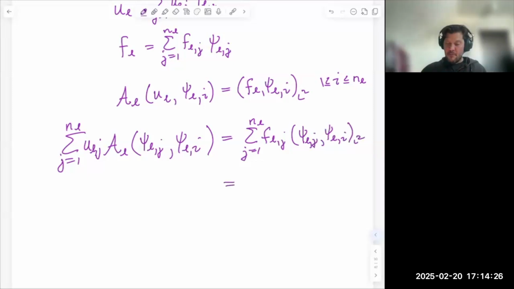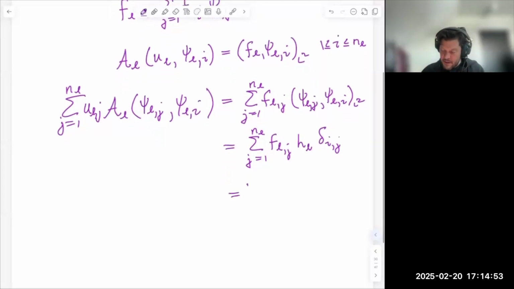Now, what did we say was the result of this calculation? We've already done this one. This calculation is just going to be HL times delta Ij. So that gives me the sum J equals 1 to NL of FLj HL delta Ij, and all that does is convert this to HL times FLi.